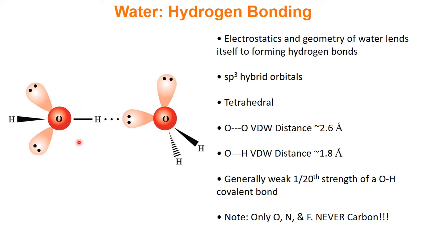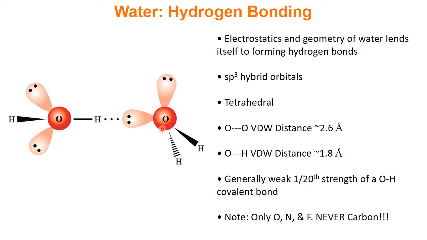Now, these hydrogen bonds are really weak. If you compare a hydrogen-oxygen hydrogen bond to an oxygen-hydrogen covalent bond, the hydrogen bond is about 1/20th the strength of a covalent bond, so extremely weak. And talking about hydrogen bonds in general, the only heavy atoms that can hydrogen bond are oxygen, nitrogen, and fluorine.